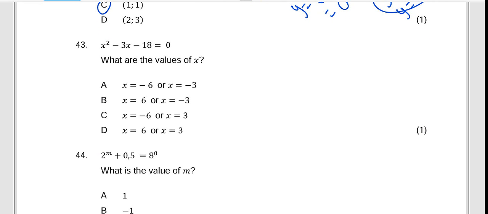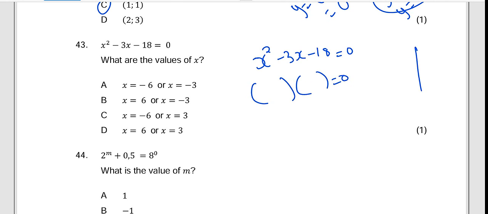And then what are the values of x? This is a trinomial, guys. I'm going to start by factorizing before I can solve for x. I'll open brackets. I'm going to look for factors of 18: 1 and 18, 2 goes 9 times, and 3 goes 6 times.